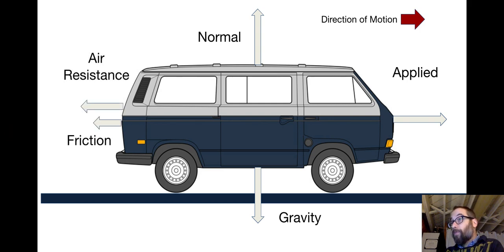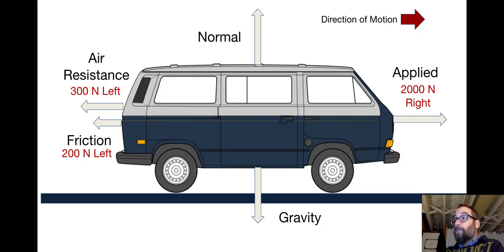And since the object is moving through the air and rolling across a surface, we also have air resistance and friction. Now, we can actually assign number values to these forces to help us understand the concept of unbalanced forces. As you can see here, we have 2,000 newtons of applied force acting to the right and 500 combined newtons of air resistance and friction force acting to the left.